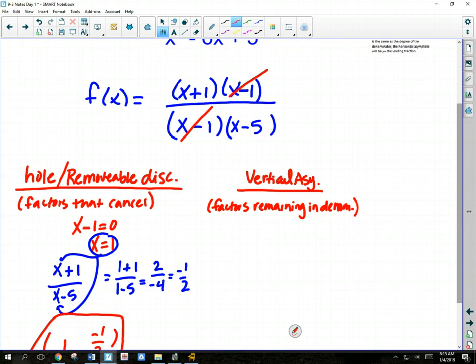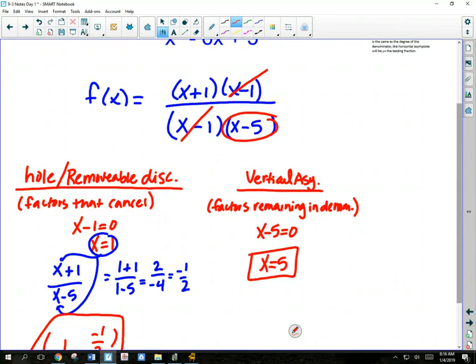So what's left in the denominator after I cancel things out would be my x minus 5. In this case, I would set x minus 5 equal to 0, and I get x equals 5. And x equals 5 happens to be a vertical line. I don't want you to tell me that my vertical asymptote is 5. I need you to write it as x equals 5 because vertical asymptotes are lines, and I need the equation of the line, okay? So make sure you give me the x equals.